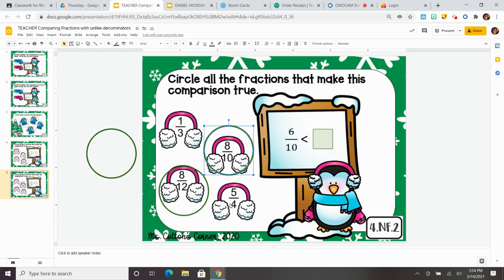So this fraction would be like 1 and 1/4. 5/4 is equivalent to 1 and 1/4. All improper fractions are greater than 1 whole, okay? So I would definitely circle that because I know that this is greater than 1 whole. 6/10 is less than 1 whole, so is 8/10, so is 8/12, and so is 1/3. All of the fractions that we've seen so far are less than 1 whole, except this 5/4, all right? And we'll talk about improper fractions later.